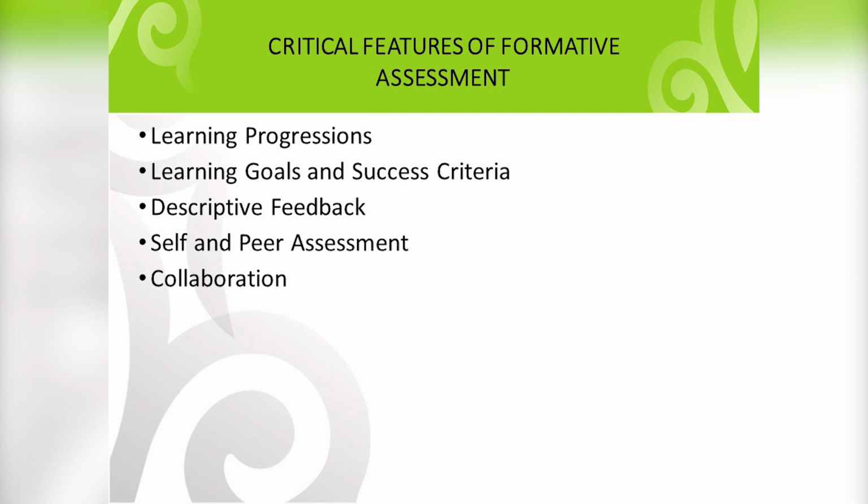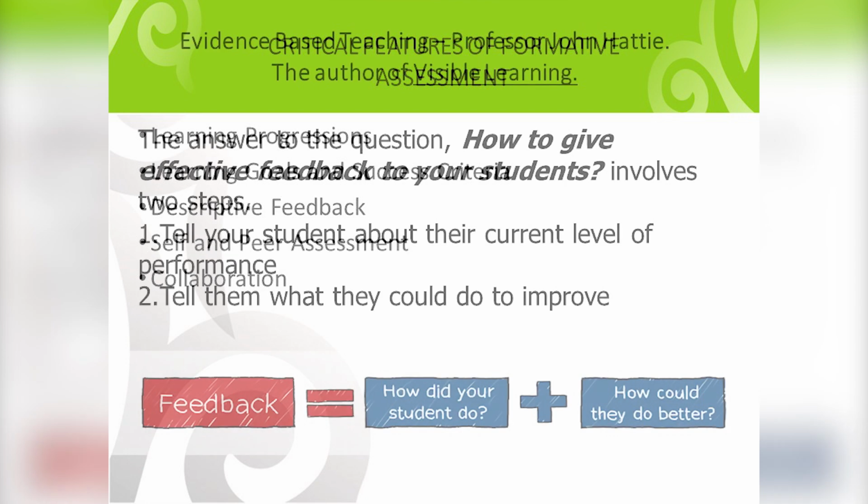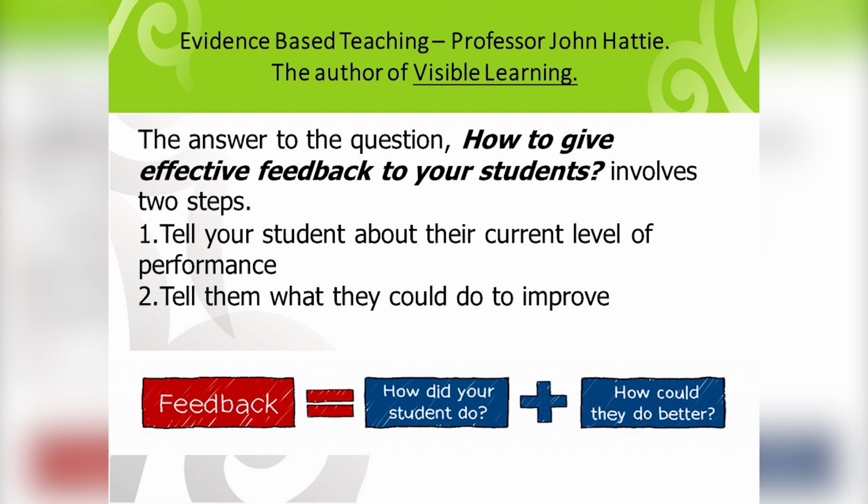At the same time, we can't forget about crucial features of formative assessment. They are learning progressions, learning goals and success criteria, descriptive feedback, self and peer assessment, and collaboration. The role of feedback is very important.